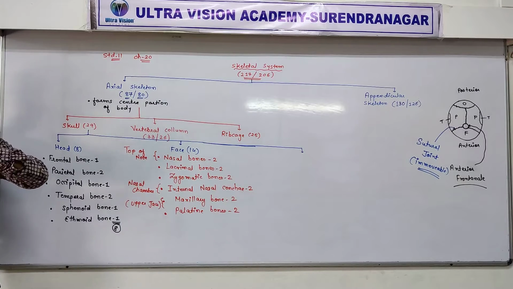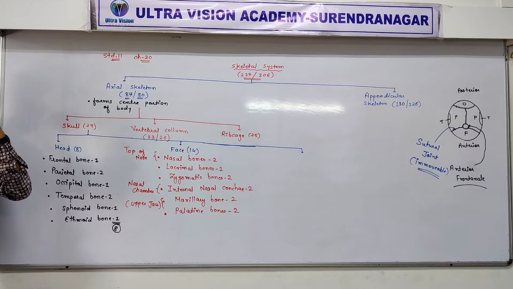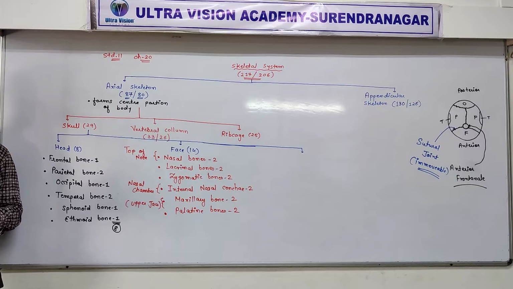Nasal chamber and oral cavity both are separated by the palatine bone, and this palatine bones form the hard palate. And this hard palate is very, very useful for speech. We can touch the tongue to the palate as well as teeth, and we are pronouncing the words. Understand?